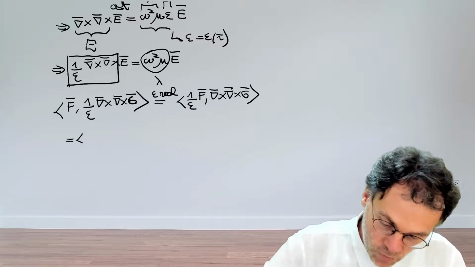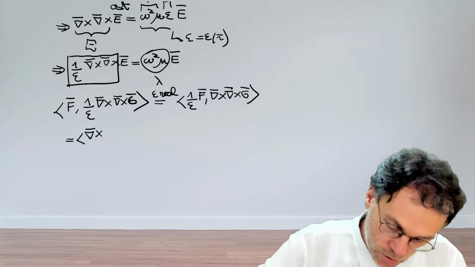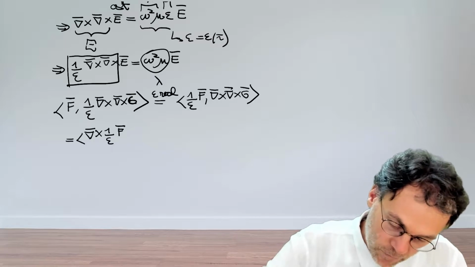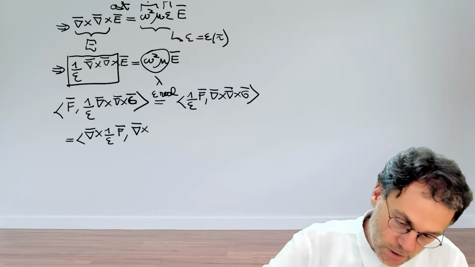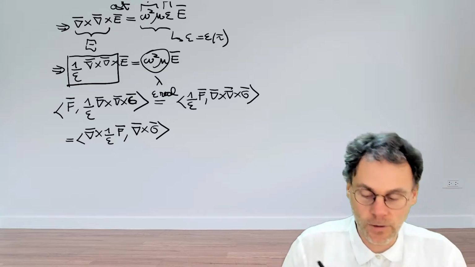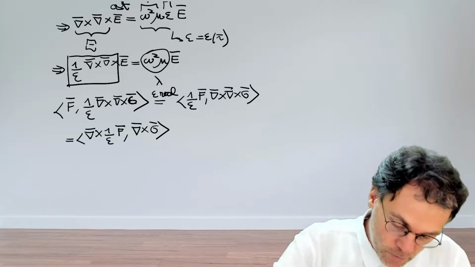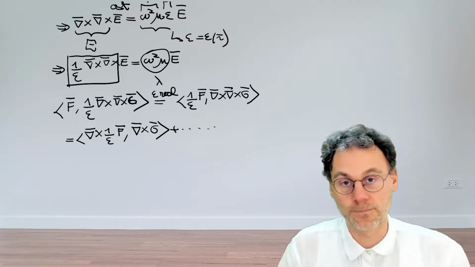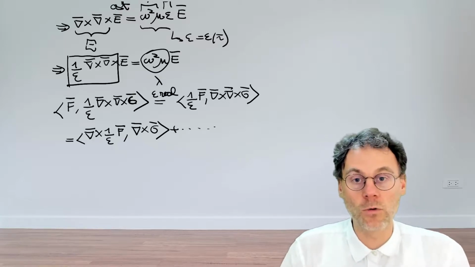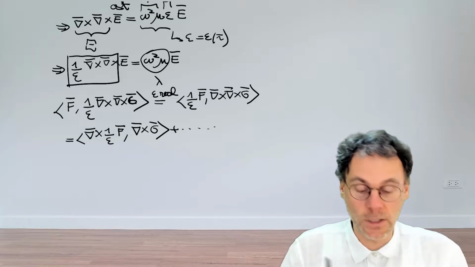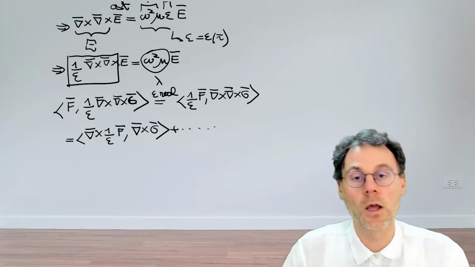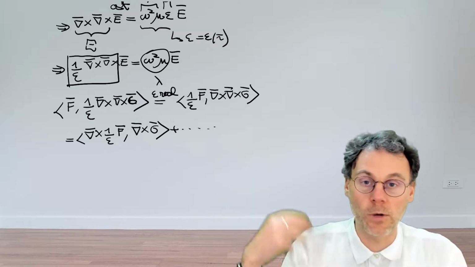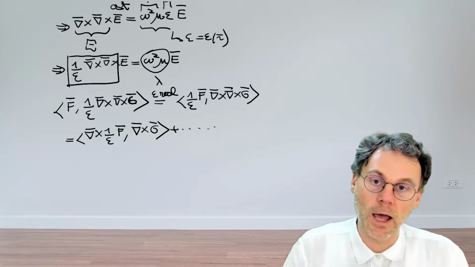So we can indeed write down that this is equal to a curl that we brought over from the second factor, curl of 1 over epsilon f, and then we have another curl that's still left over in the second factor. But there is a small price we pay for doing that, and that is some stuff involving what happens at the boundaries. Now, as usual, we're going to make the assumption that at the boundaries this term will vanish, will become 0, because either fields vanish at infinity or they're periodic, and if you integrate them out, then they will also have a 0 net result.